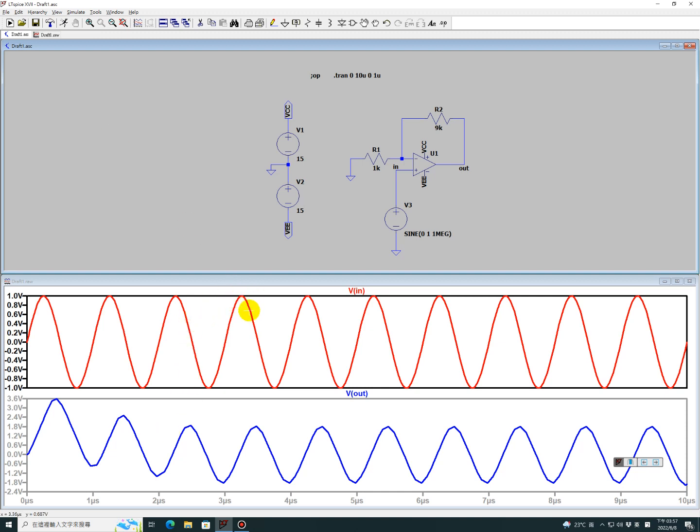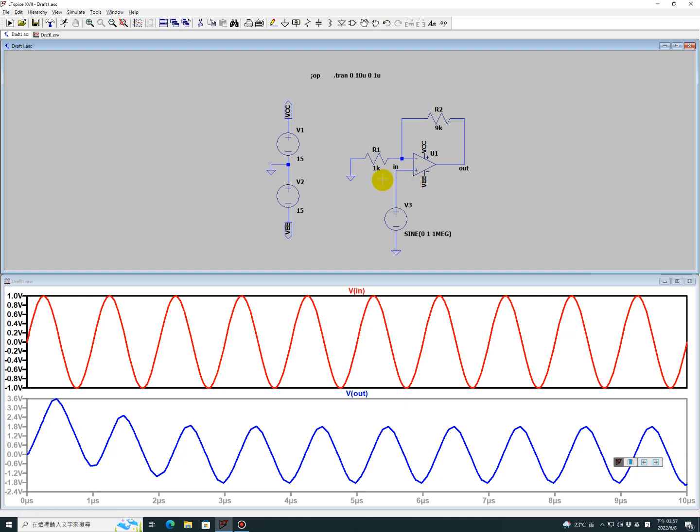See, the input is 1 volt, but the output becomes less than probably 1.8 volt. So the bandwidth limit has limited the gain of the circuit. That's typical.